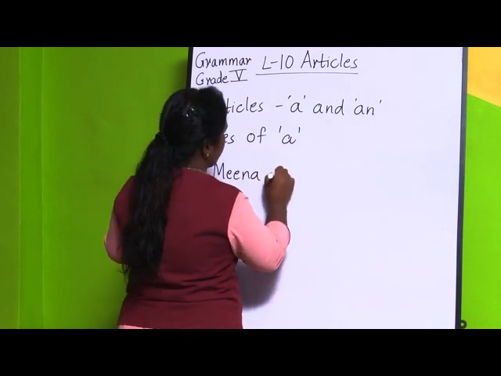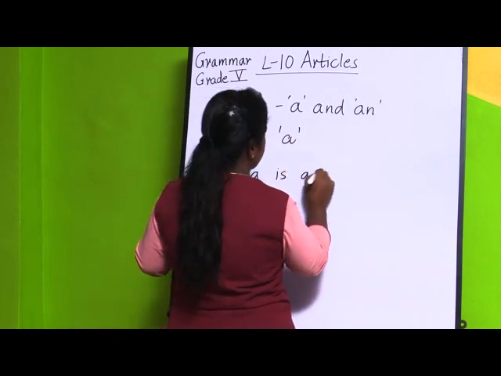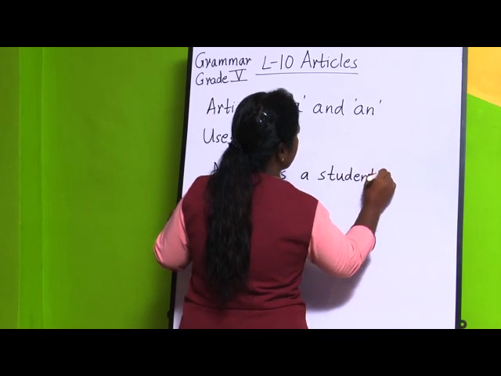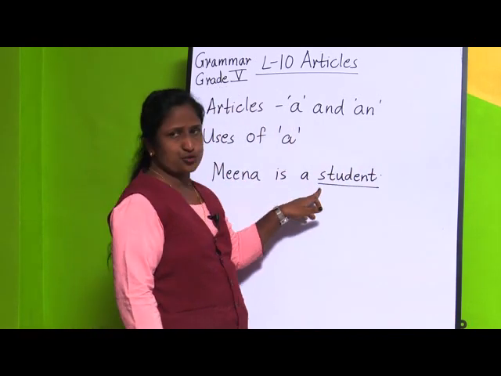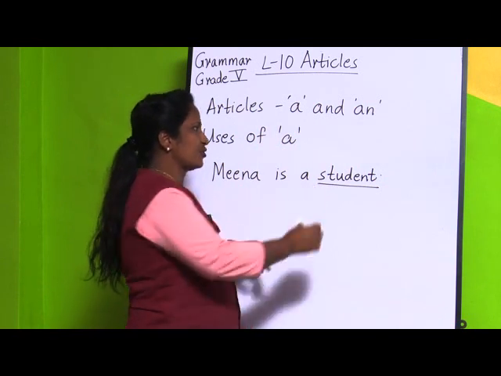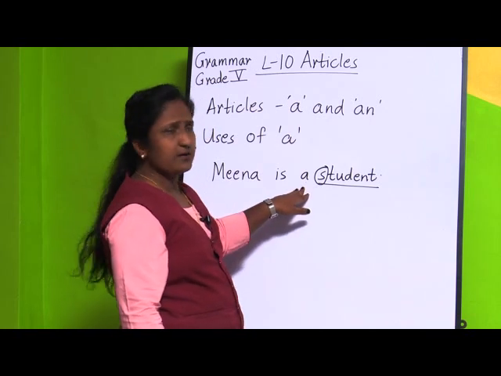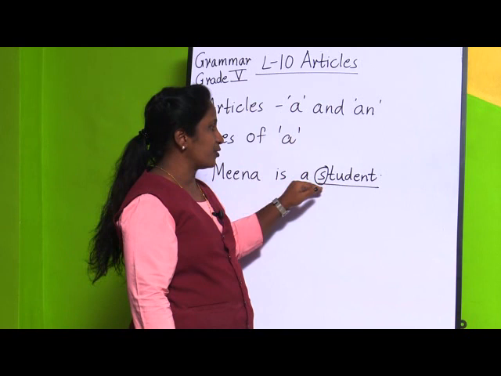Meena is a student. If you see this noun, student, it is starting with a consonant. S is a consonant. So we use the article a when the word starts with a consonant sound.